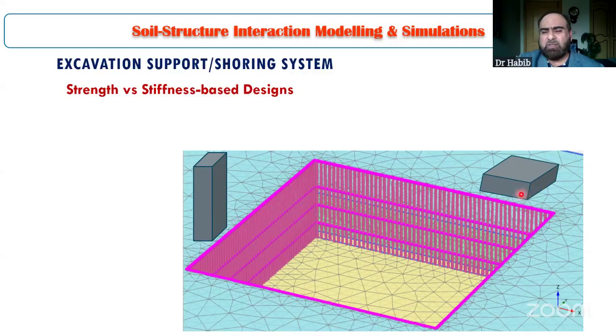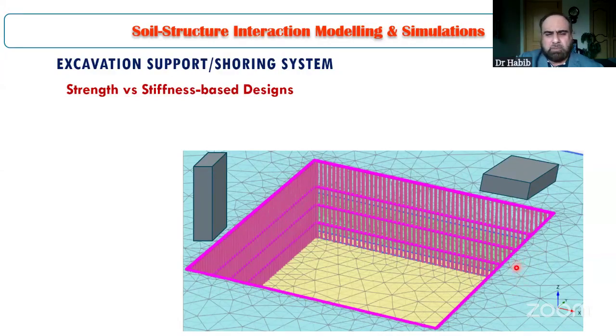and especially the displacements which will occur behind this shoring system, because we can have buildings over there, we can have sensitive structures over there, we can have infrastructures over there, or we may not have anything behind the shoring system.